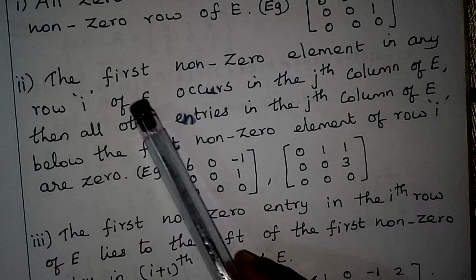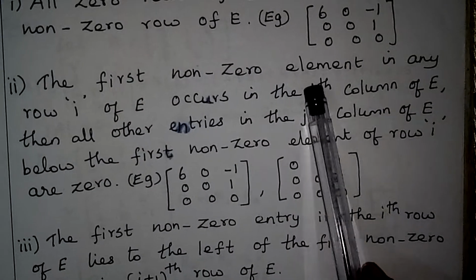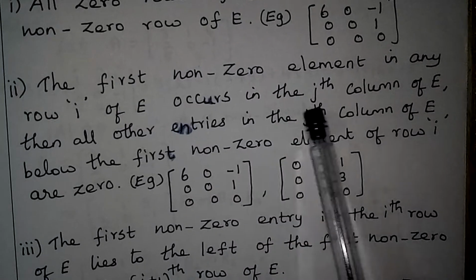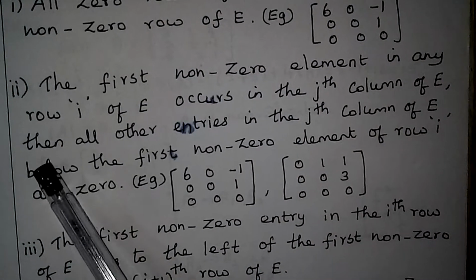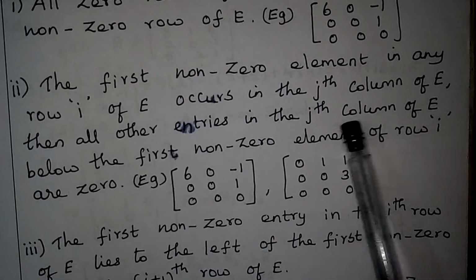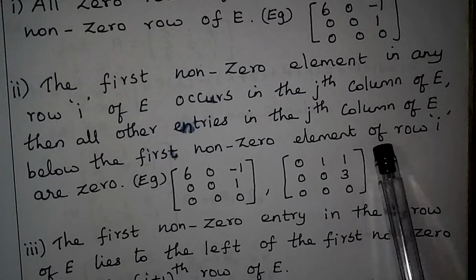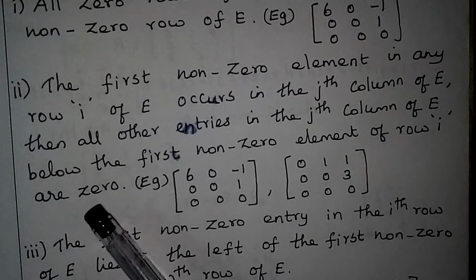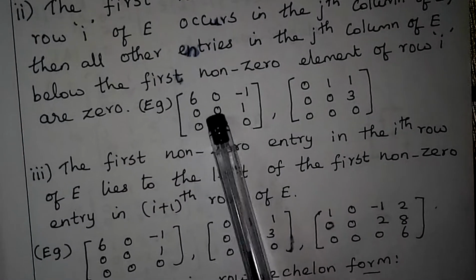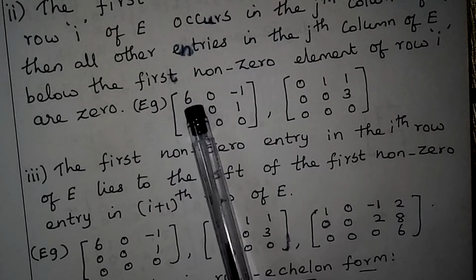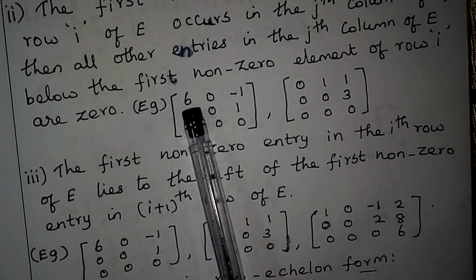The second point is: if the first non-zero element in any row i of E occurs in the jth column of E, then all other entries in the jth column of E below the first non-zero element of row i are 0. If I am taking the first row, you take the first non-zero element here. 6 is the first non-zero element in the first row.